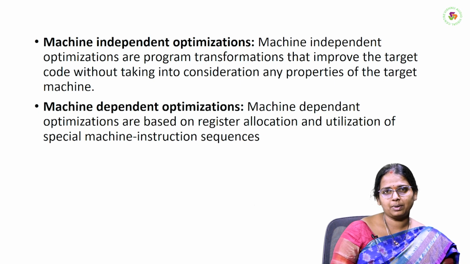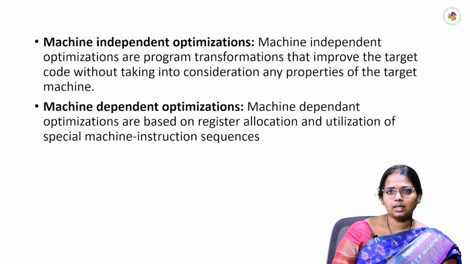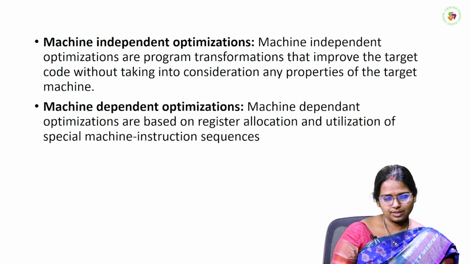In machine dependent optimization, the target machine properties are required, such as register allocation and utilization of special machine instruction sequences. These all come under machine dependent optimizations.